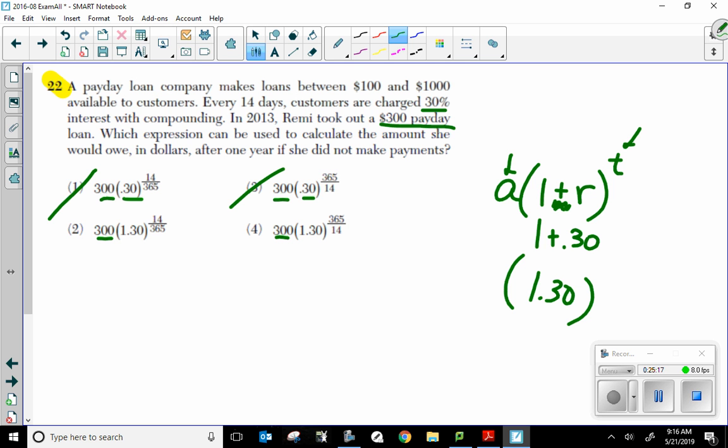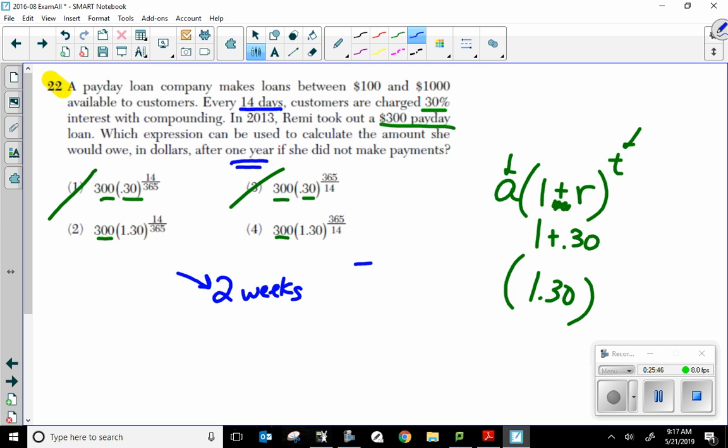And here's what's going to throw you off, all right? Her interest gets applied every 14 days. Common sense tells me that 14 days is the same thing as 2 weeks, right? This is how I look at it. After 1 year, how many 2-week increments are in a year?